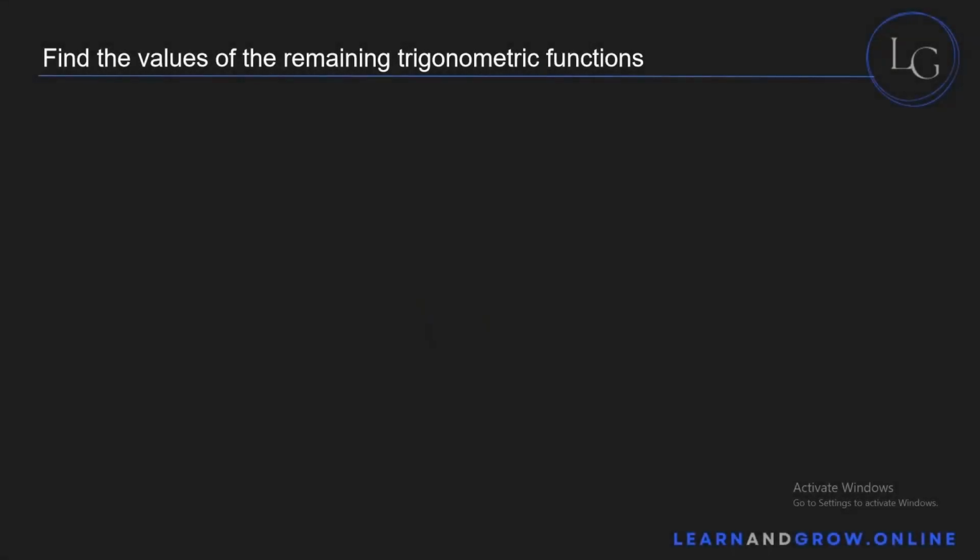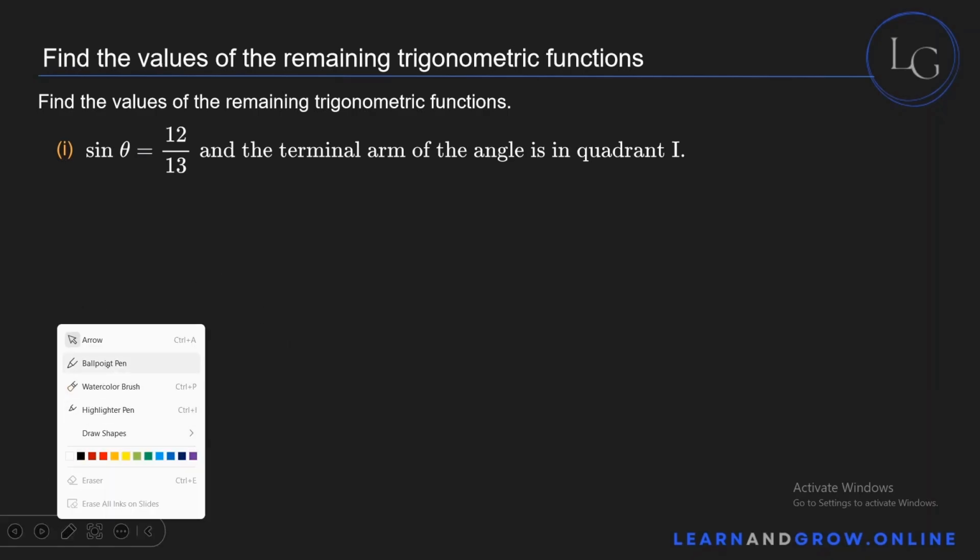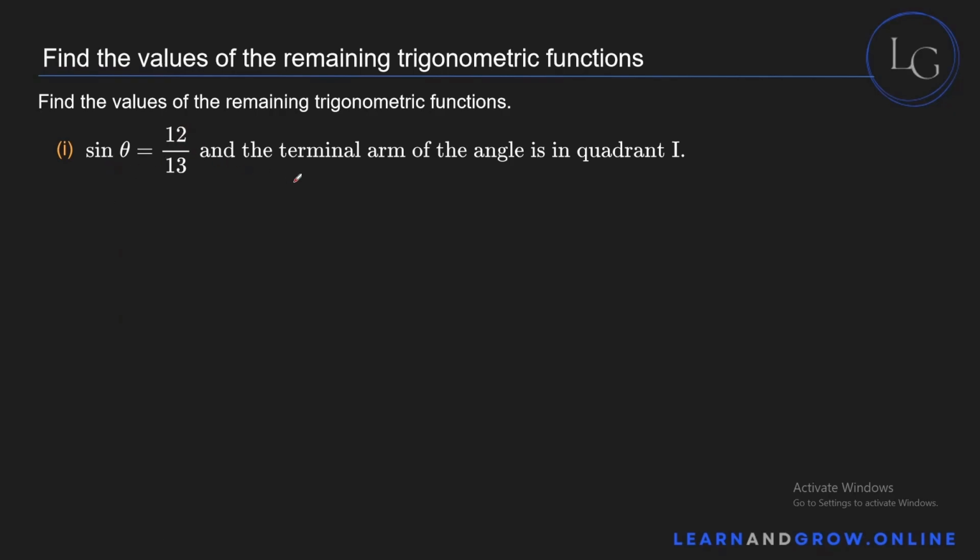Now let's find the values of the remaining trigonometric functions, where sine theta is equal to 12 by 13 and the terminal arm of the angle is in quadrant 1. Now remember that in quadrant 1 every single trigonometric function is positive. So whatever values you get, they'll all be positive because the terminal arm of the angle is in quadrant 1.